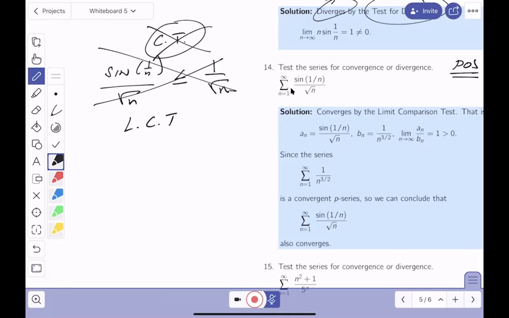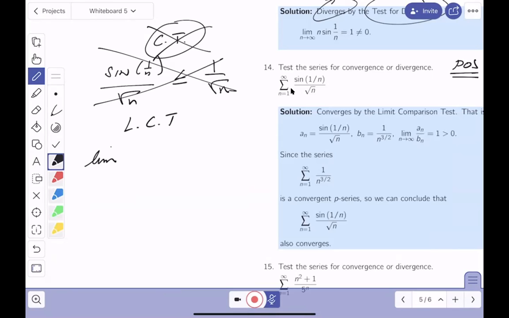Let me write this down. So limit. I really have to think about that too if I want to do that. And that's going to be another problem for me.